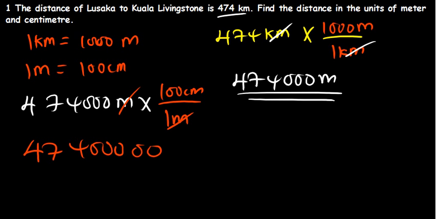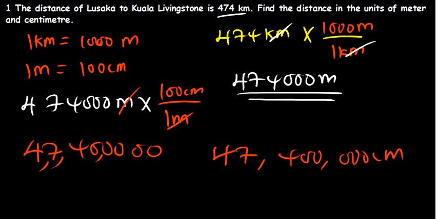Okay? So how many zeros do we have? We've got 1, 2, 3, 4, 5, 6, 7. So this is 4,740,000. No, this is 47,400,000. So it's 47,400,000 centimeters.